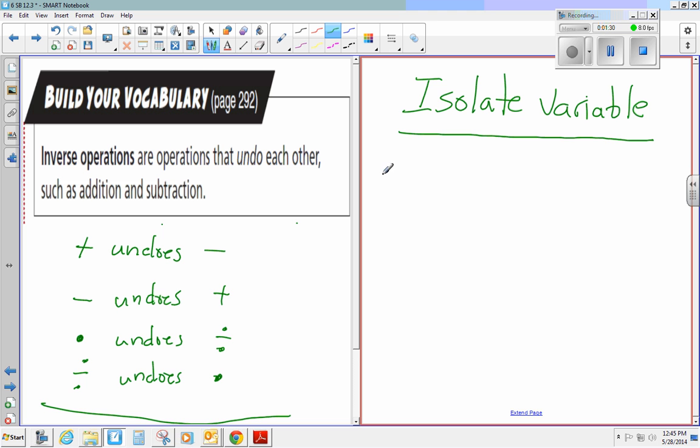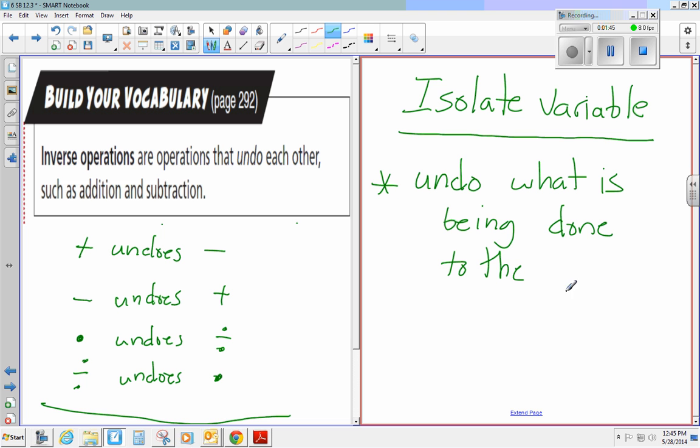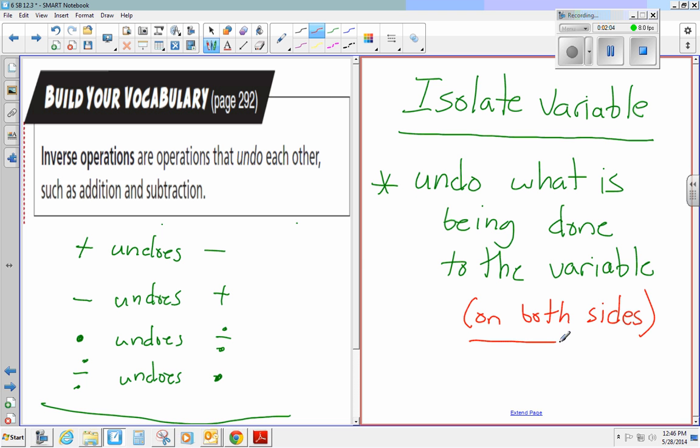And the way you need to think about it, you're going to undo what is being done to the variable, and there's a very important part here: on both sides.